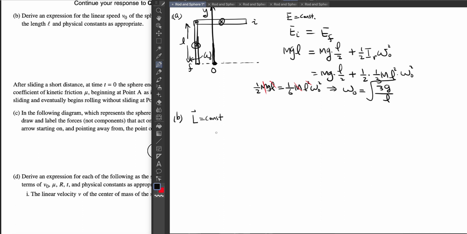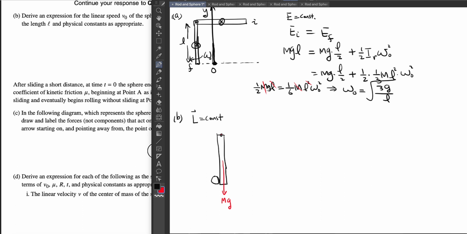Okay, so if you draw the free body diagram for the two objects right at the collision instant. Now for the rod, there's going to be gravity and the normal force.